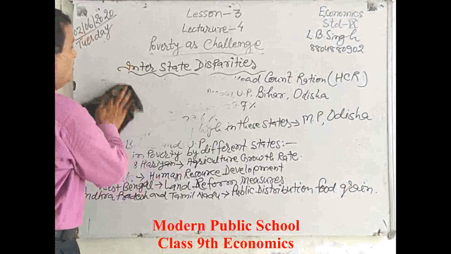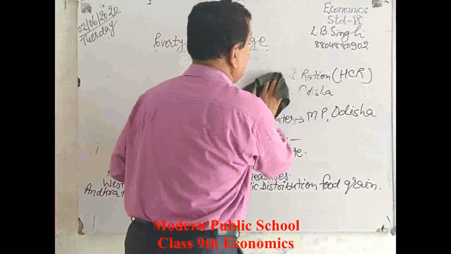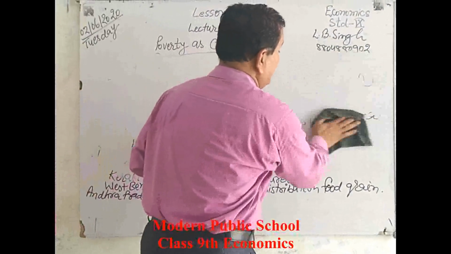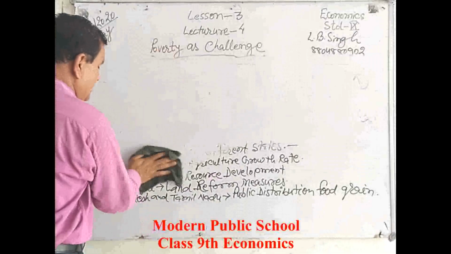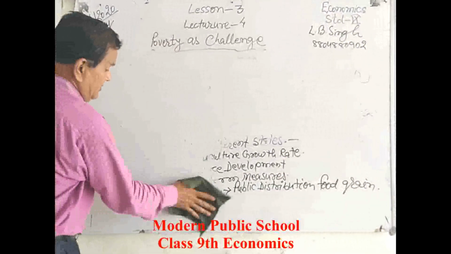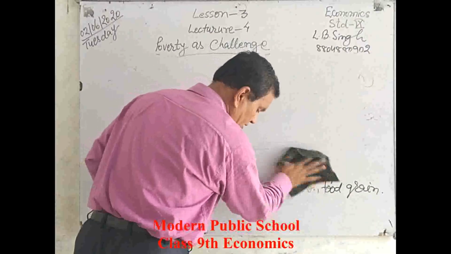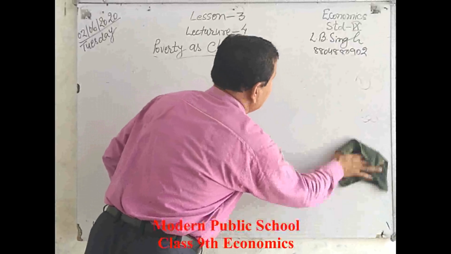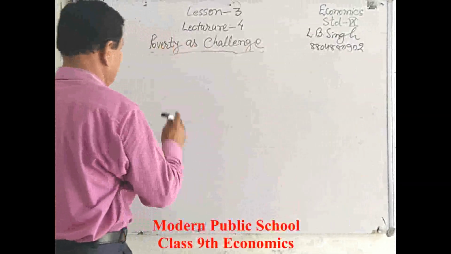Global means anything at the world level counted by, suppose, the World Bank and other institutions. So we have to study the global poverty scenarios.